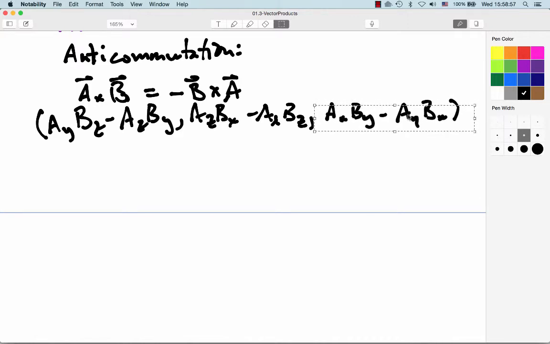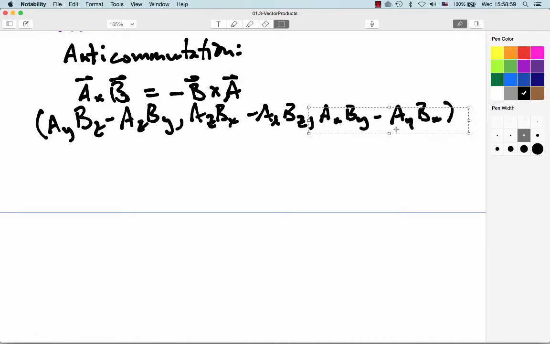So A cross B is all of that stuff. Now, one of the things that we can go ahead and do is observe that if I multiply this through by -1, that would be the same thing as if I reversed the order of the subtractions.